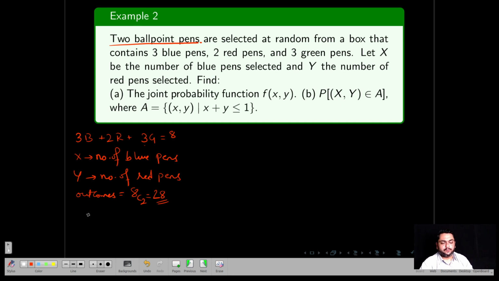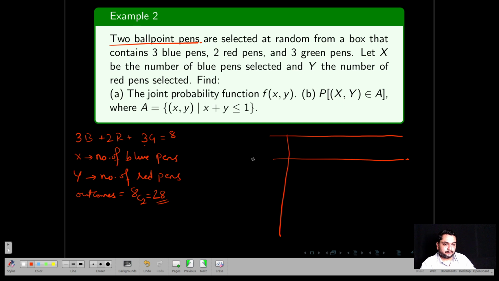Okay. Now, you have to find the probability mass function. So again, you draw this table. So this is f of x comma y. This is y. This is x. Okay, this table is f of x comma y, the joint PMF. So now we'll write what are the possible values.